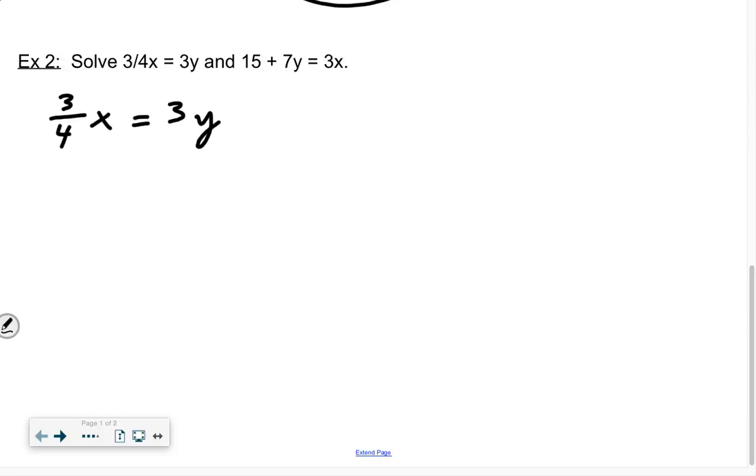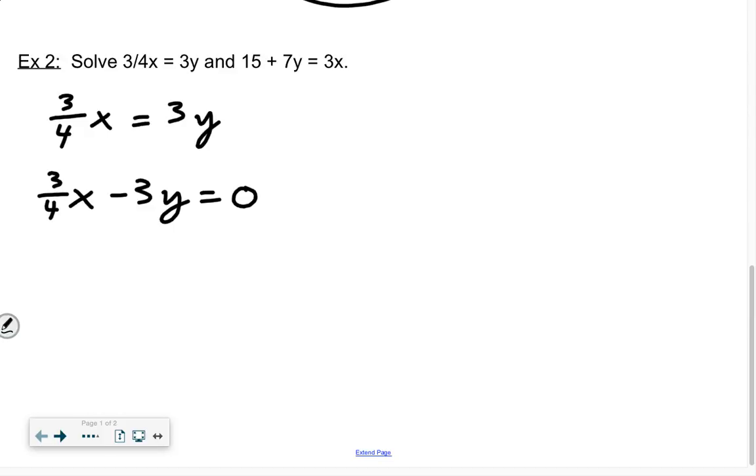Well, we still need to get it in standard form, which means I need to get the variables over to the left. So I need to bring this 3y over. Therefore, subtract 3y from both sides. What am I left with on the right-hand side now? 0. So set it equal to 0.